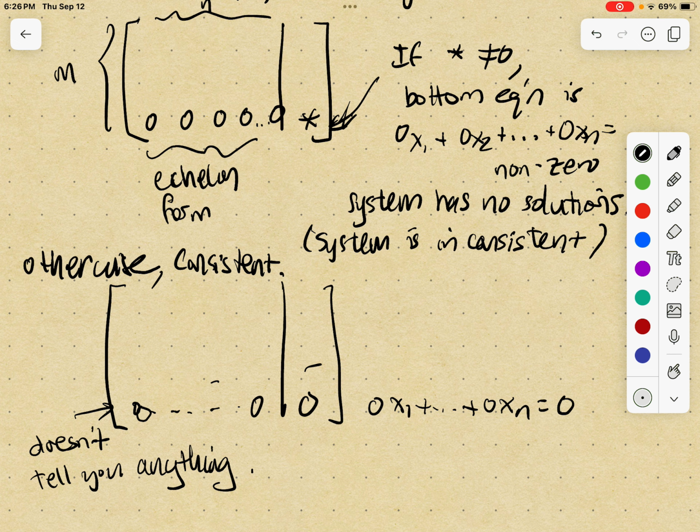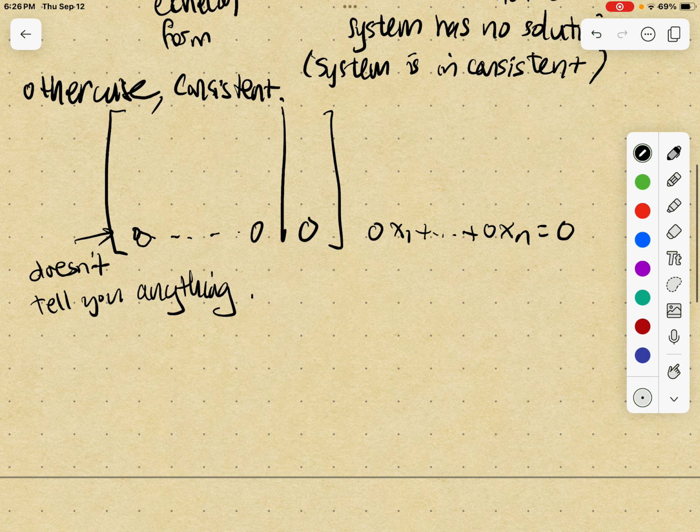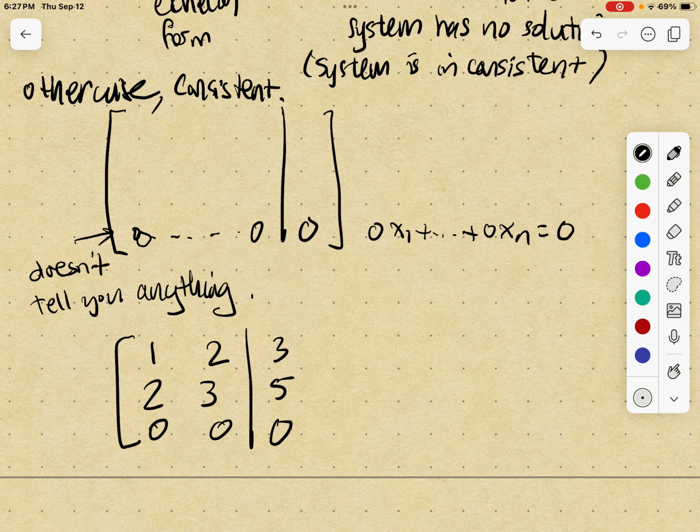Okay? By the way, let me give an example of a system where you're going to have infinitely many solutions in this case, and a system where you have one solution. So you're going to have something like that, and then zeros like this. Well, this has exactly one solution.